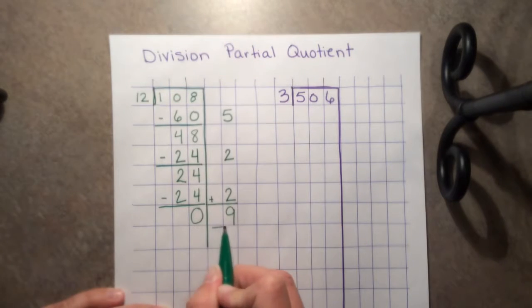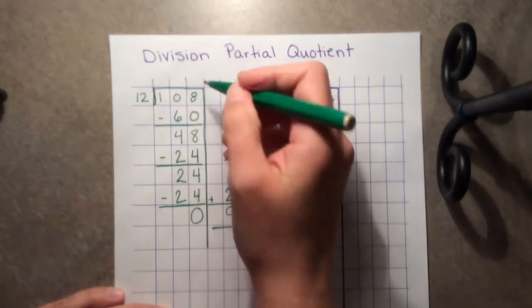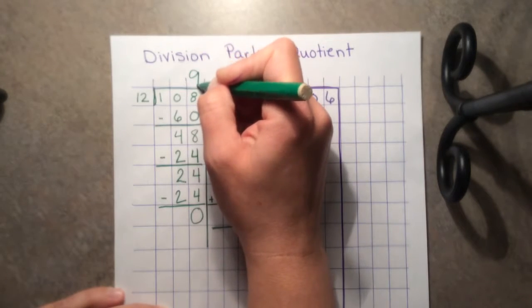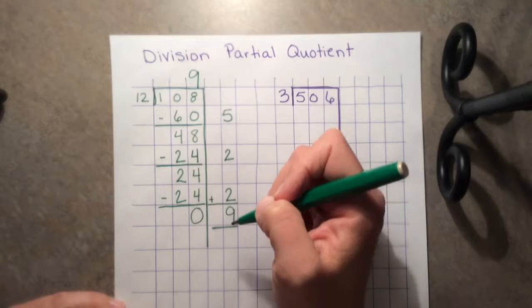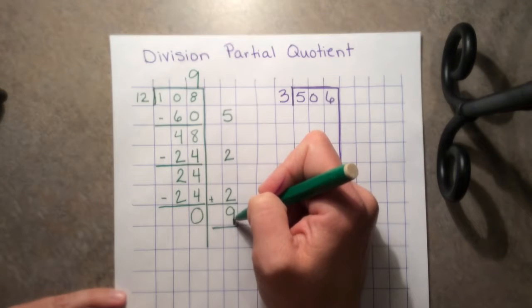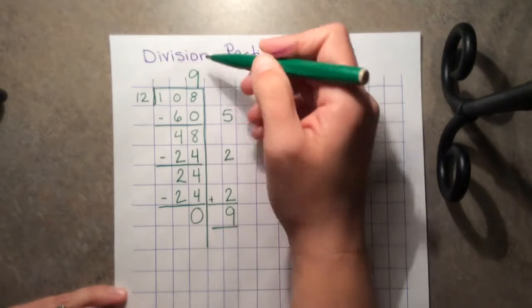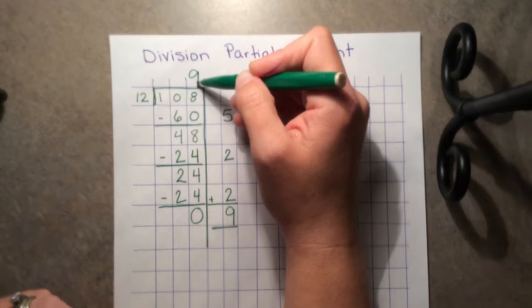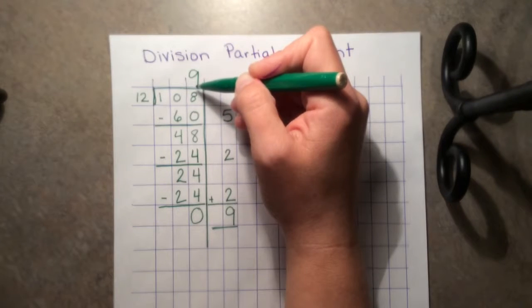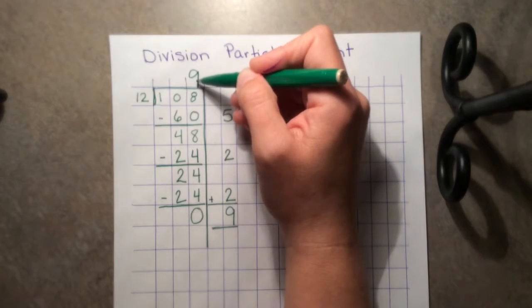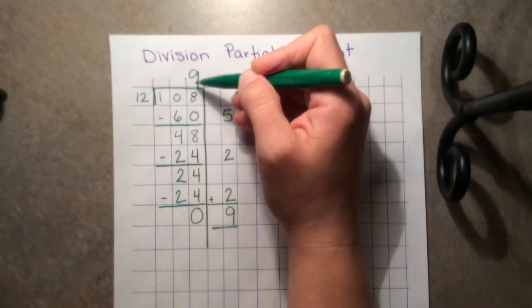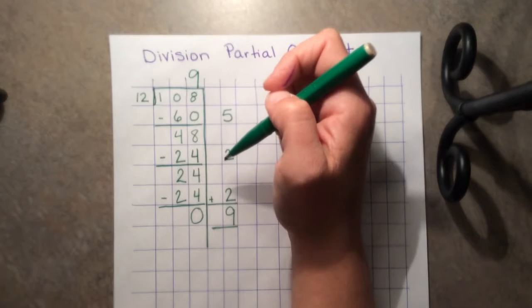My answer is located here at 9. As a general rule, I have my students place the answer on top of the bracket as in the standard algorithm so that they understand that that's where people are expecting to find their answer.